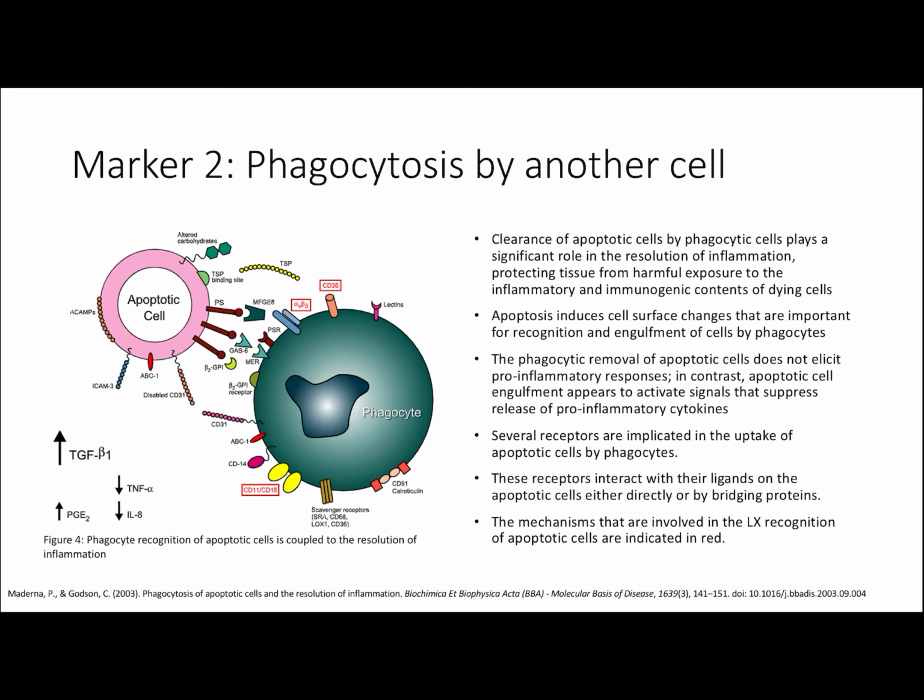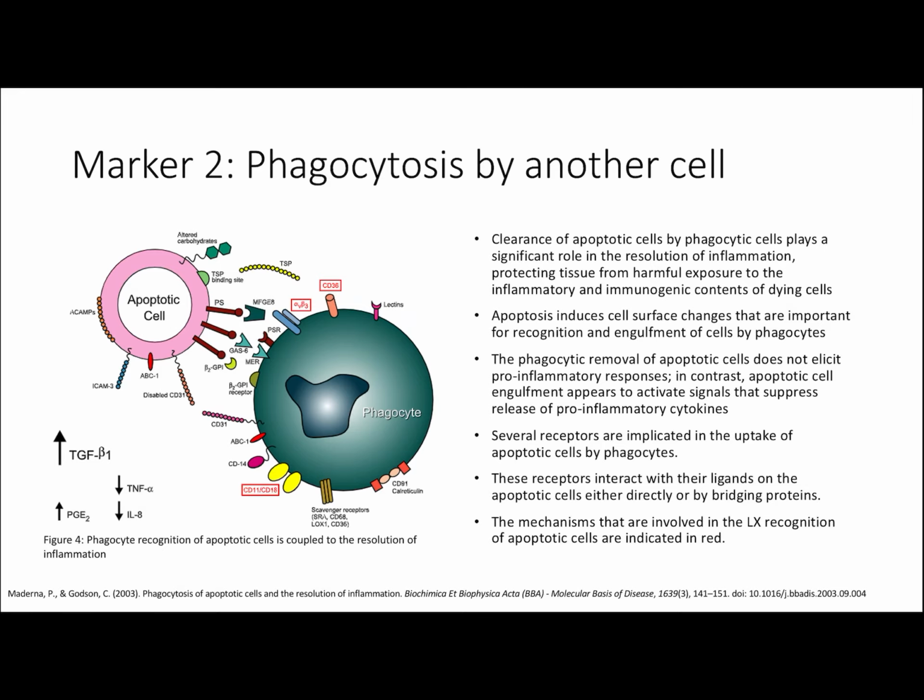So apoptosis induces cell surface changes that are important for the recognition and engulfment of cells by phagocytes. The phagocytic removal of apoptotic cells does not elicit the pro-inflammatory response, but apoptotic cell engulfment appears to activate signals that suppress release of the pro-inflammatory cytokines.